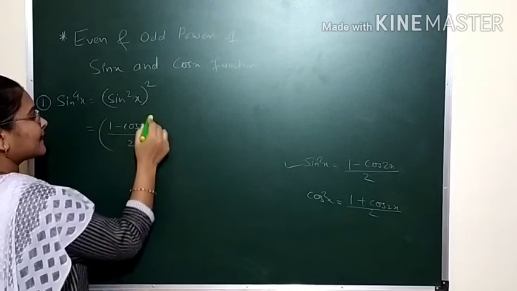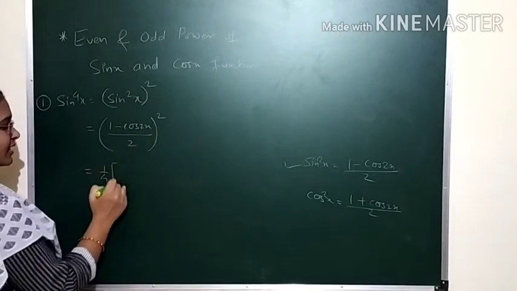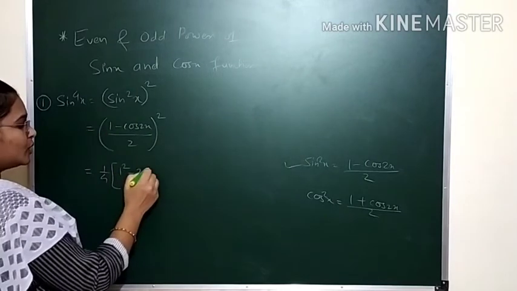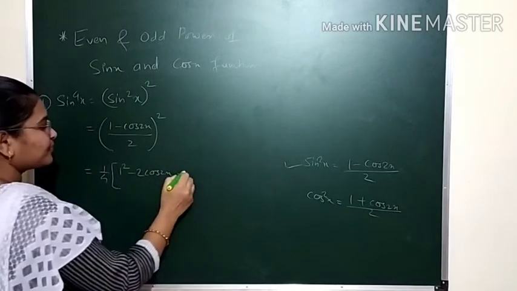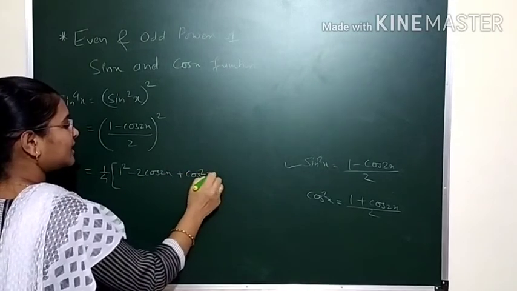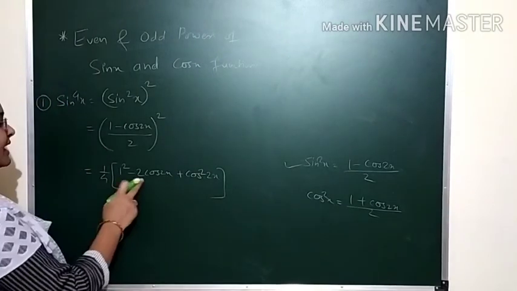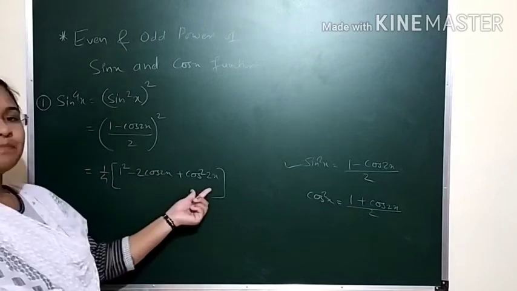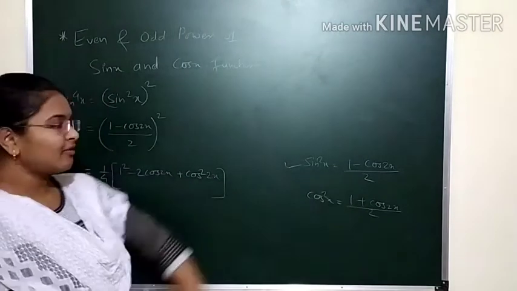So this is (1 minus cos 2x by 2) whole square, which equals 1 by 4 times (1 square minus 2 cos 2x into 1, that is 2 cos 2x, plus cos square 2x). Any doubt in this? Now 1 minus 2 cos 2x is in linear form, but again a square has come, so here again we'll convert this into a linear form of cos function.